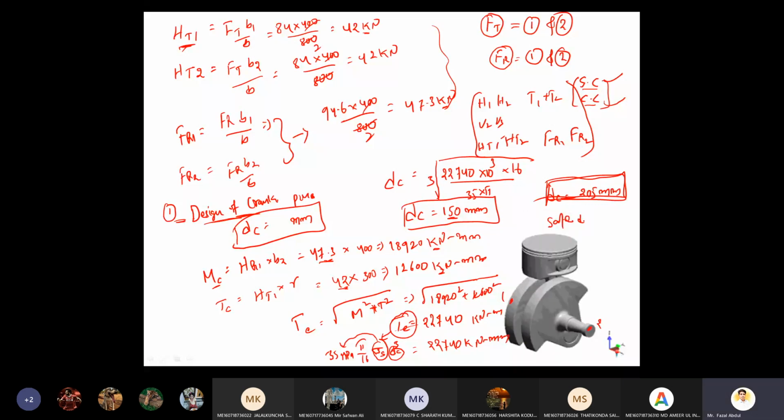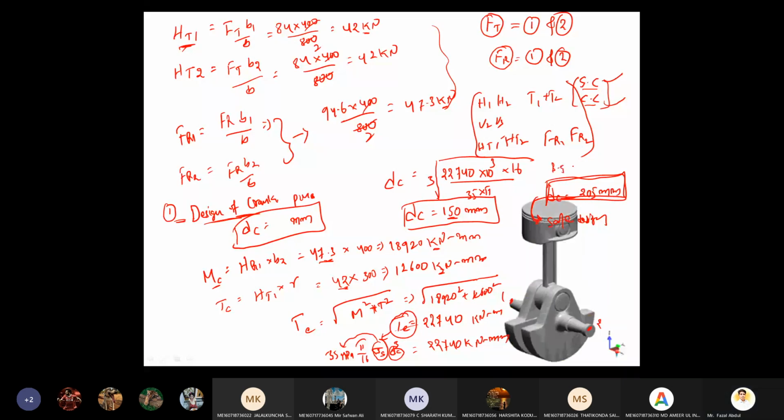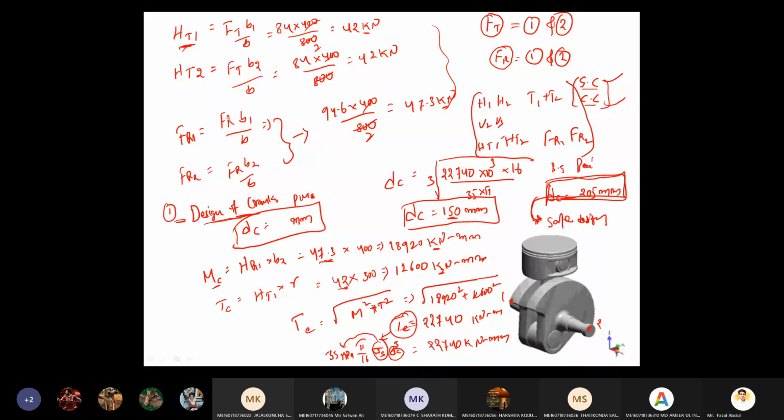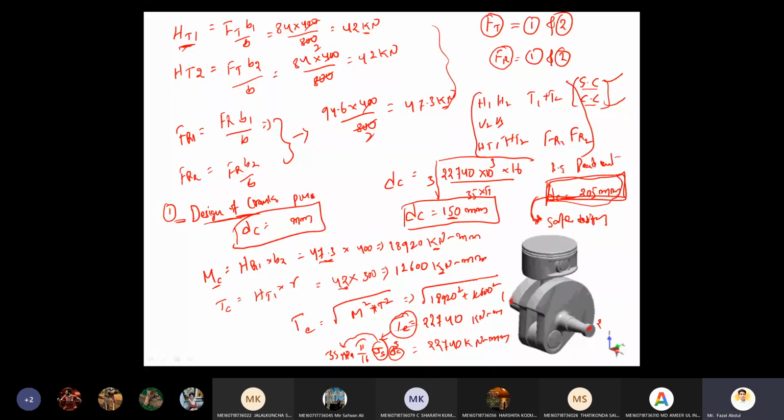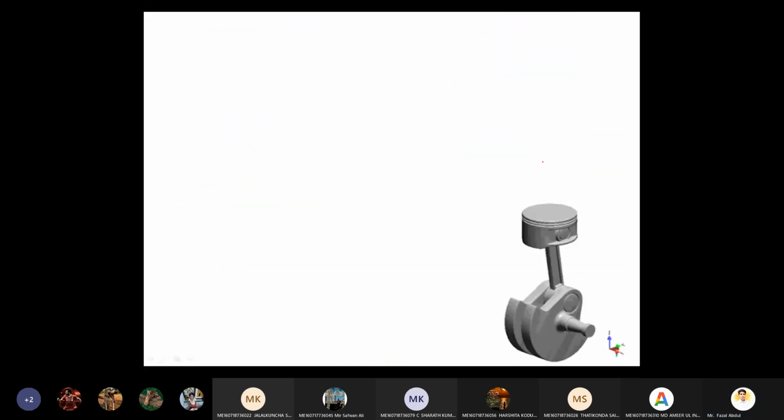You have to write the comment: this diameter 150 is less than the previously calculated value based on the dead center. So for safety, we are adopting this DC as 205 mm. Okay. And now the second point, design of shaft under flywheel.